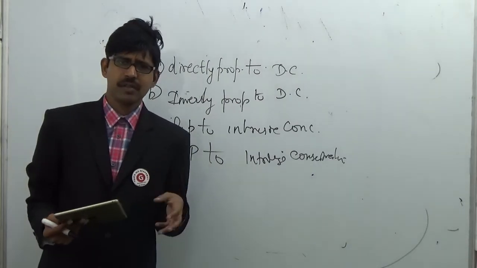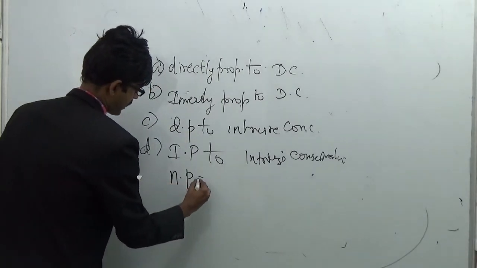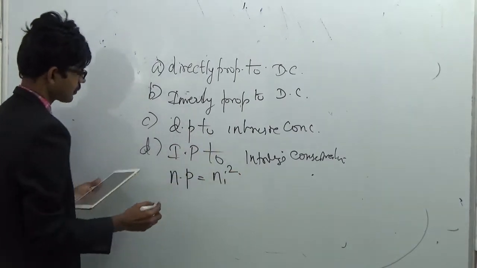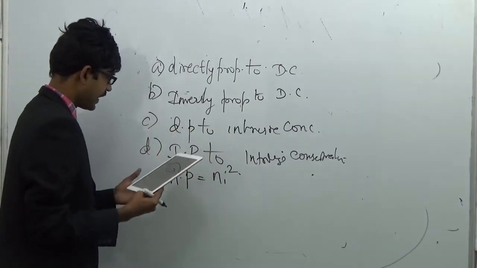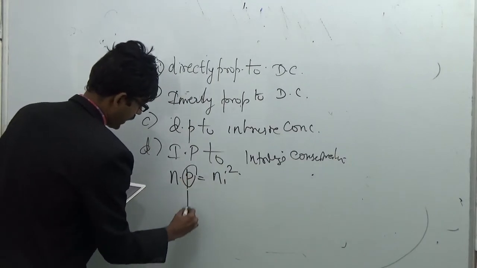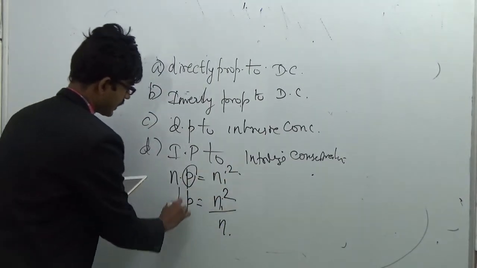You have to use the very fundamental formula. N times P is equal to Ni square. Here it is asked the concentration of the minority carriers, which is P is equal to Ni squared by N. So this is the formula.